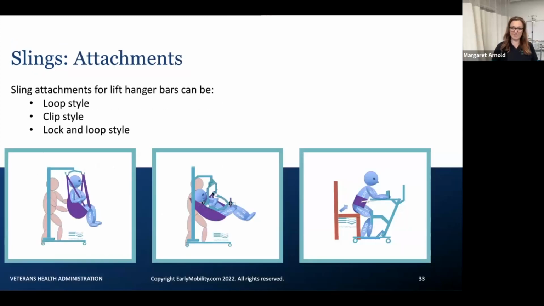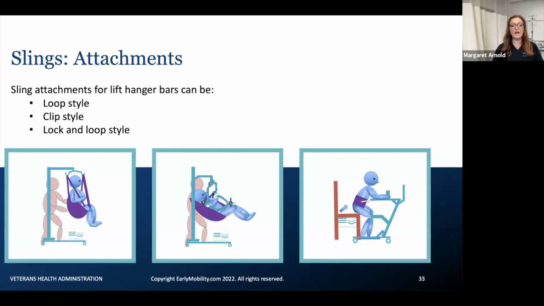There are various types of attachments and how the slings attach to the lifts. The sling can have a loop style attachment, as you see in the first picture. It can have a clip style, as you see in the middle picture, or it can have a lock and loop style attachment where there's actually a rope on the lift itself, which hooks through a loop on the sling and then loops into itself.